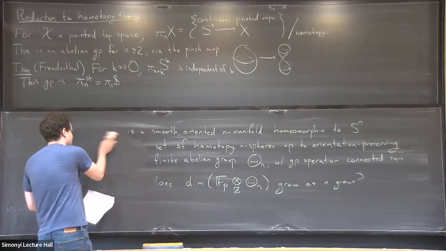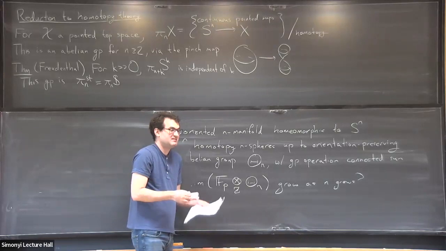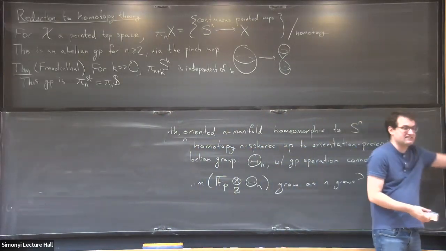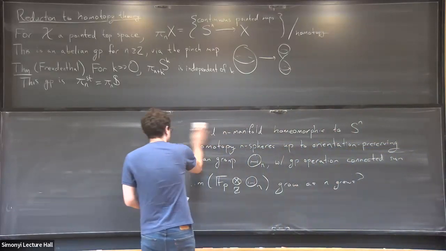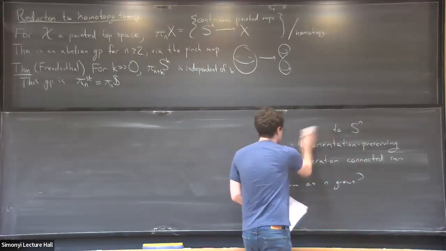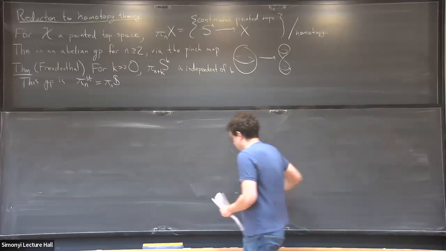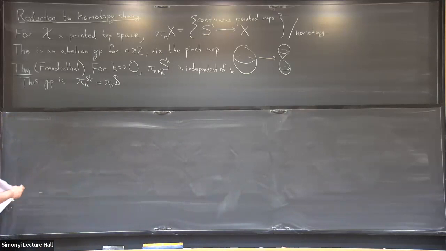So, as you may have guessed by this being the homotopy theory day, what I actually want to study is the growth rate of these stable homotopy groups of spheres. Okay, so I want to make a remark about this stable homotopy thing.